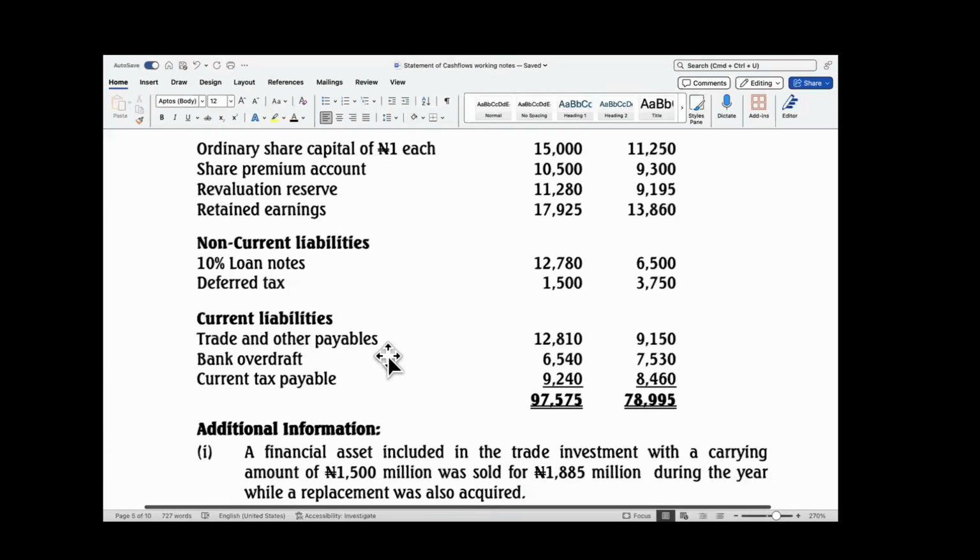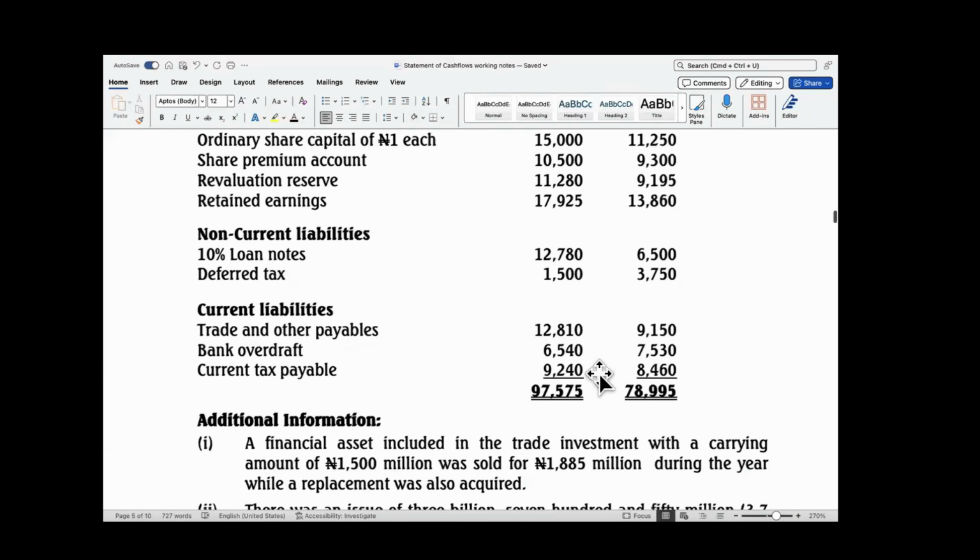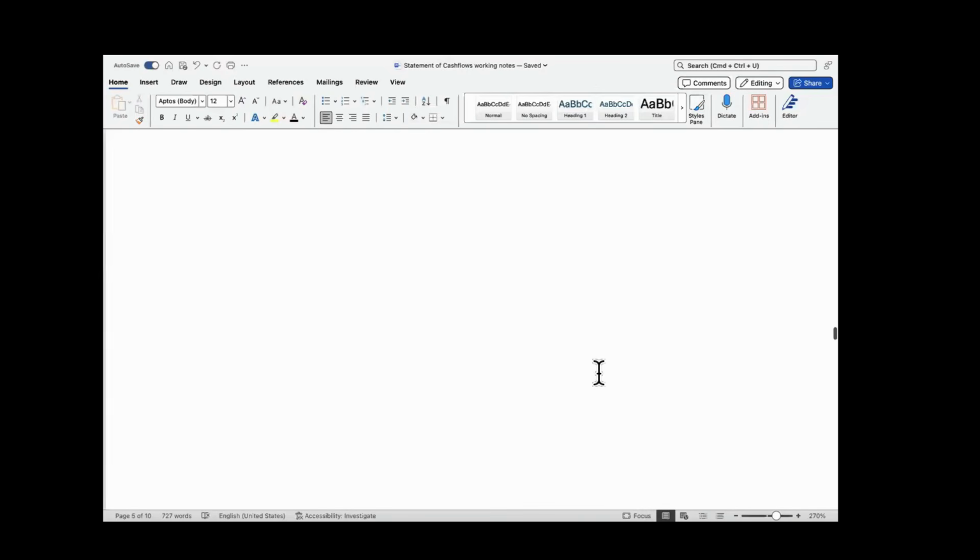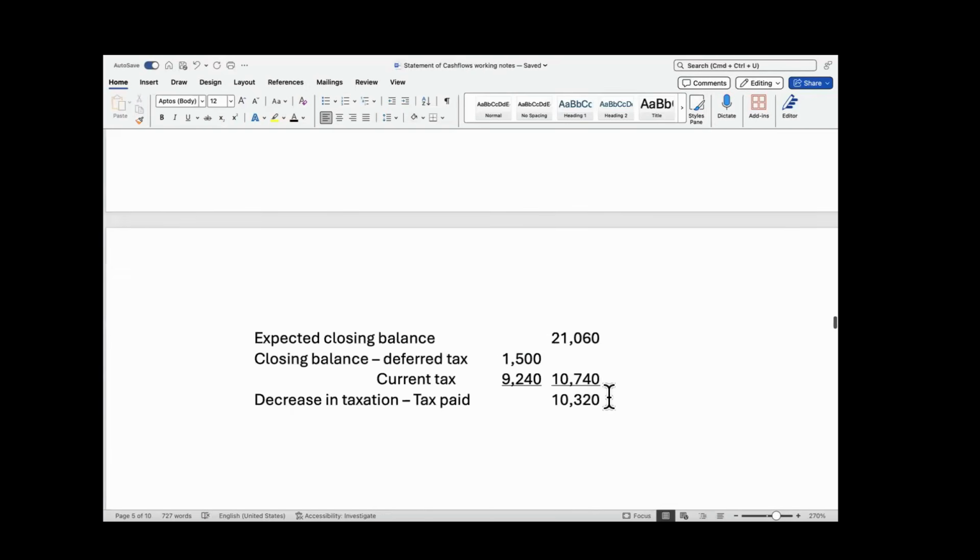We have trade and other payables. That's note 11. Opening balance is 9,150.